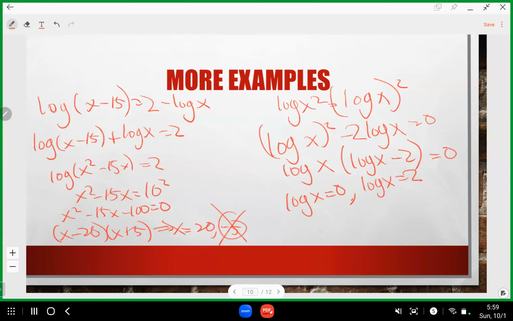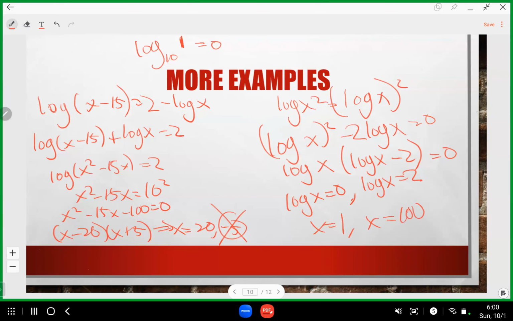Yes, x is equal to 1 here, because log base 10 of 10 to the 0th power is equal to 0. Okay, so that does work. I was having a massive brain fart right now. Anyways, log x is equal to 2. That means x is equal to 100.